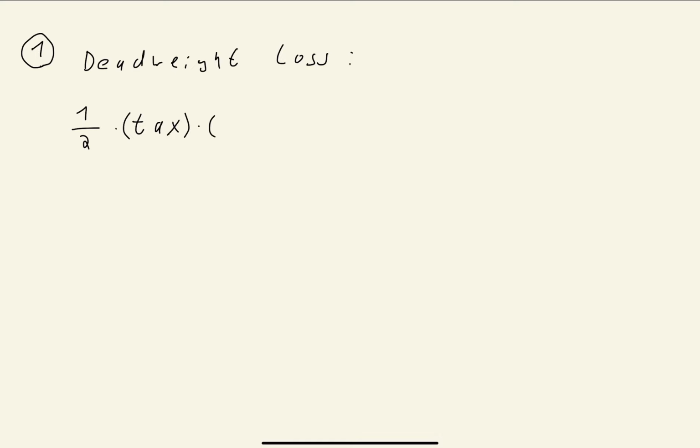But there is another, shorter way, which is that the deadweight loss is equal to 1/2 times the tax per unit times the change in quantity due to the tax.